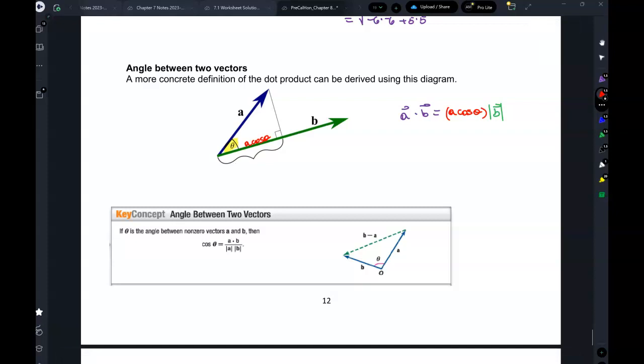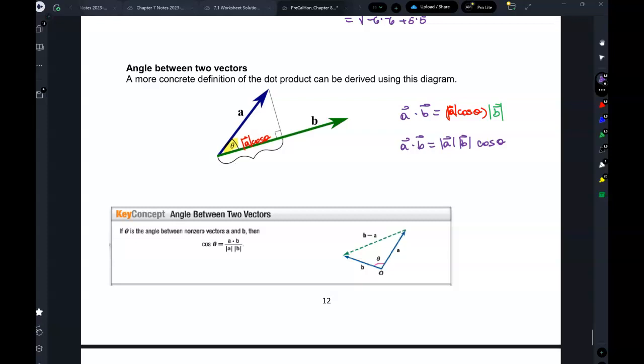It's this length times this length. Well, that length is magnitude. And since we're talking about vectors, when I say A cosine theta, that's actually the magnitude of A cosine theta. So another way to write A dot B is magnitude of A, magnitude of B, cosine theta. Is everybody okay with how we got this?